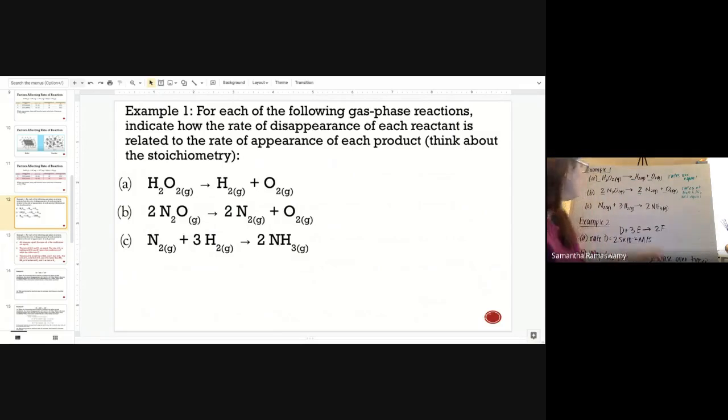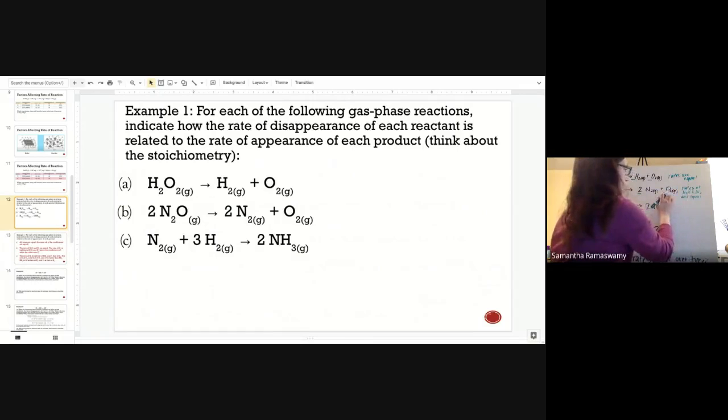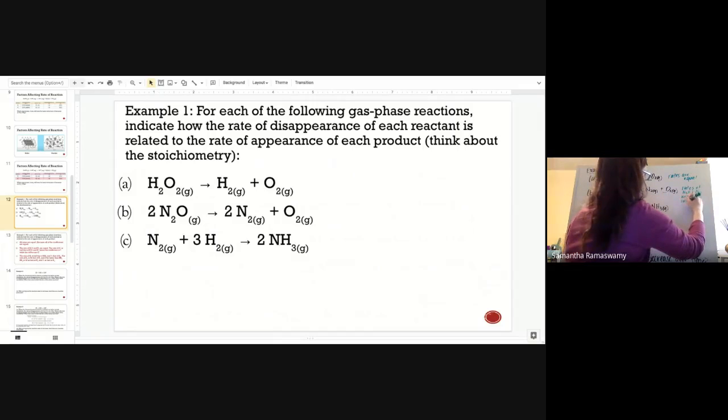They're twice as much as oxygen. So if we think about it the other way, let's focus on oxygen compared to the other ones. The rate of oxygen is half that of N2O and N2.